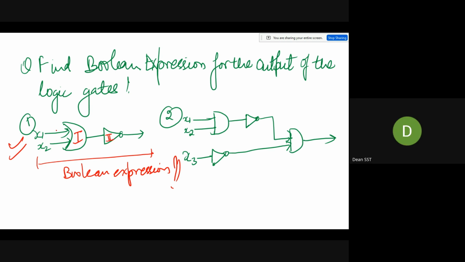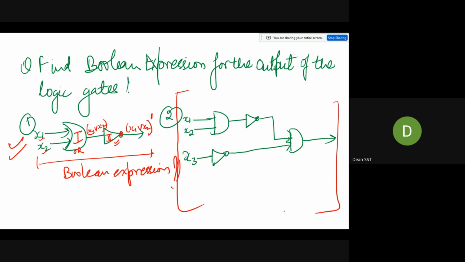So we have two inputs, x1 and x2. And this is an OR gate. So the output will be x1 or x2. And now here we have negation. So x1 or x2 complement. Is it clear? Class, is it clear? Yes, ma'am.